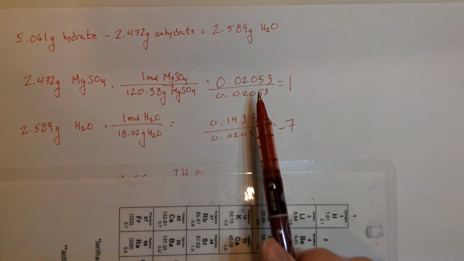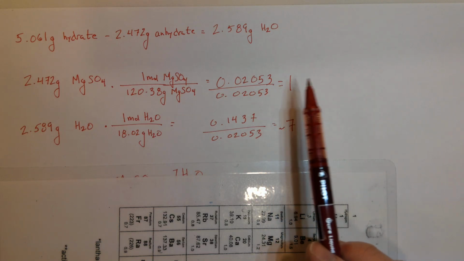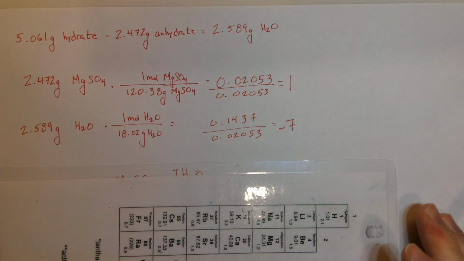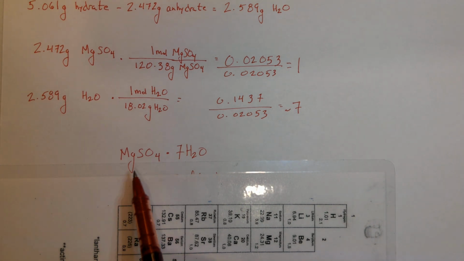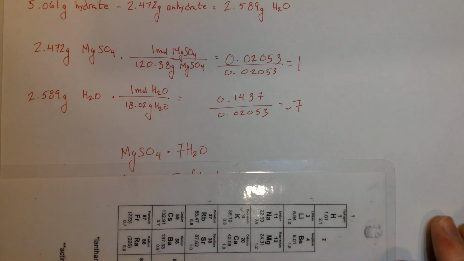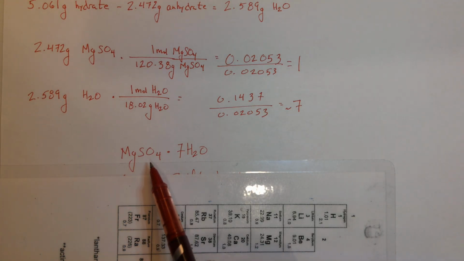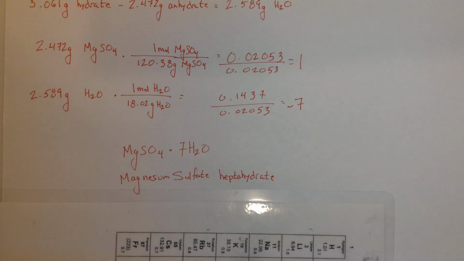I divided by the smaller number of moles to get a whole number mole-to-mole ratio, which I found to be 1 to 7. Then I could write out my chemical formula, MgSO4.7H2O. Wonderful. And what do we call that? We call that magnesium sulfate heptahydrate. Awesome.